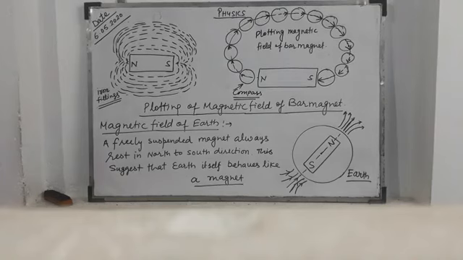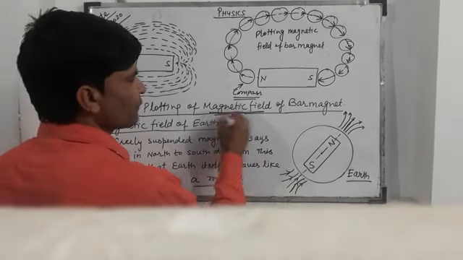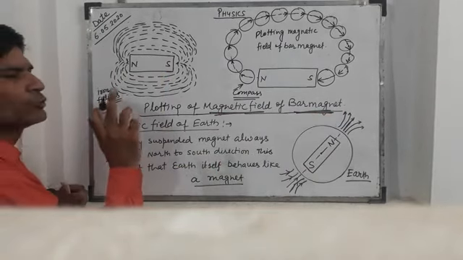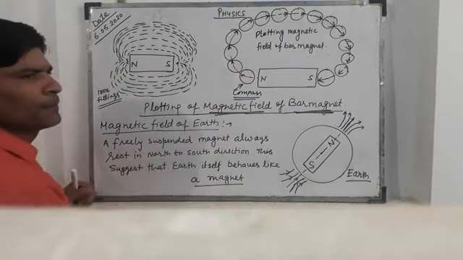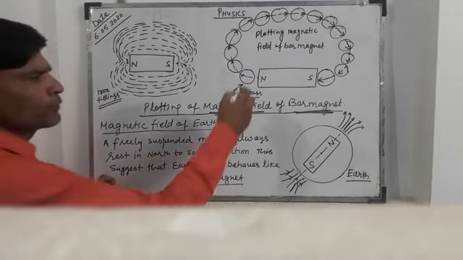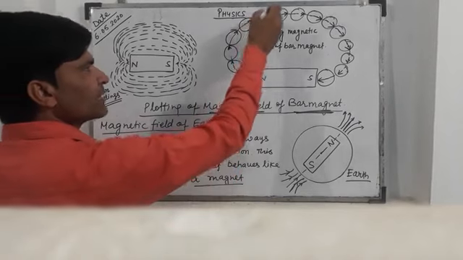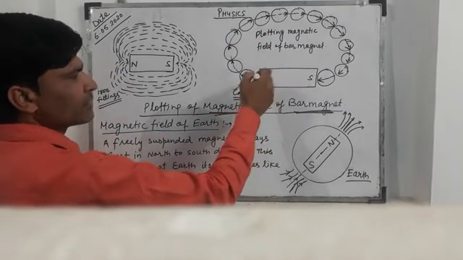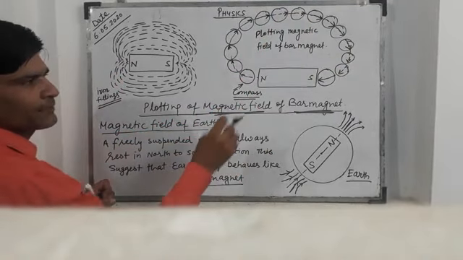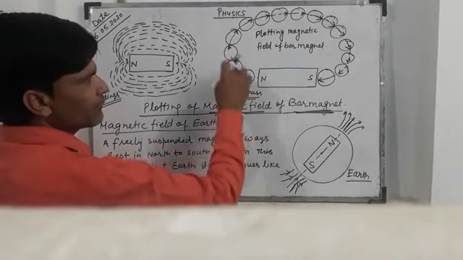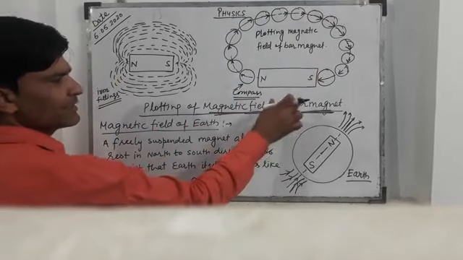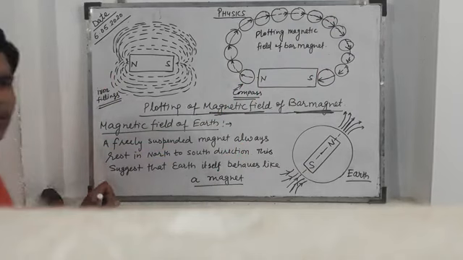Now the pattern of the magnetic field of a bar magnet can be plotted by two methods, with the help of a compass or with the help of iron filings. Put the compass in such a way that we get the magnetic field line. Then we have the pattern of magnetic field lines for the bar magnet.